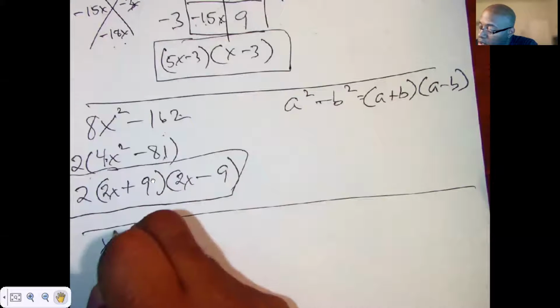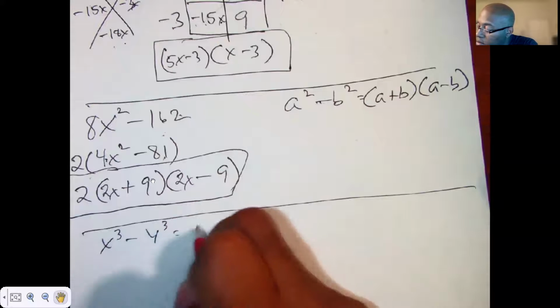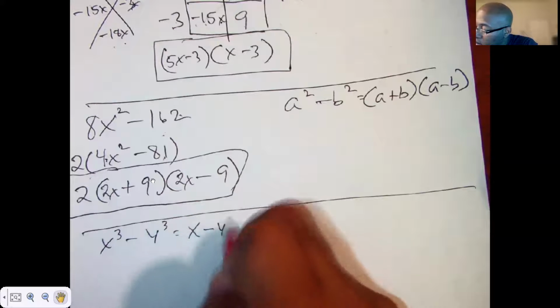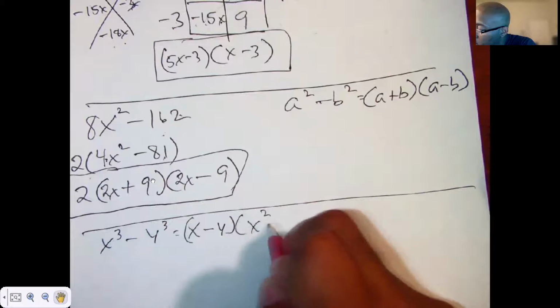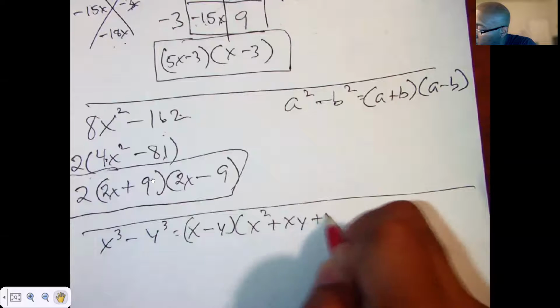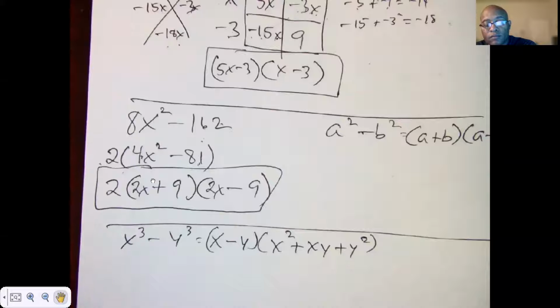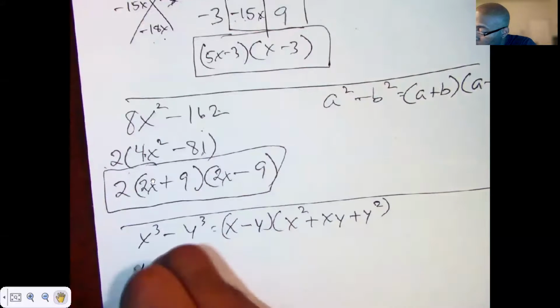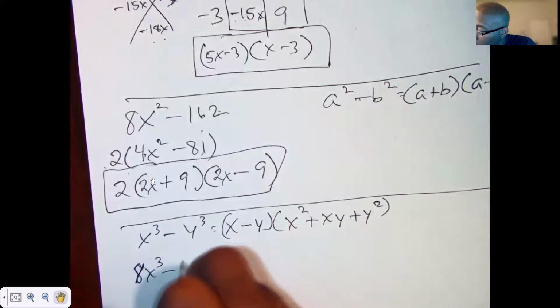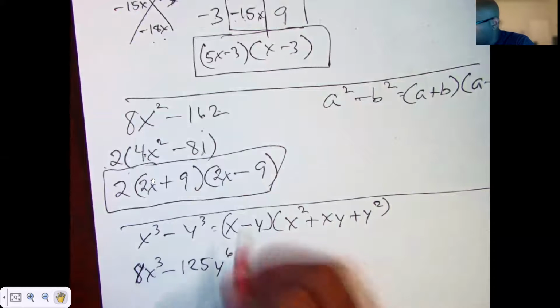So, difference of cubes. That's our formula right there. So we have 8x to the third minus 125y to the 6.